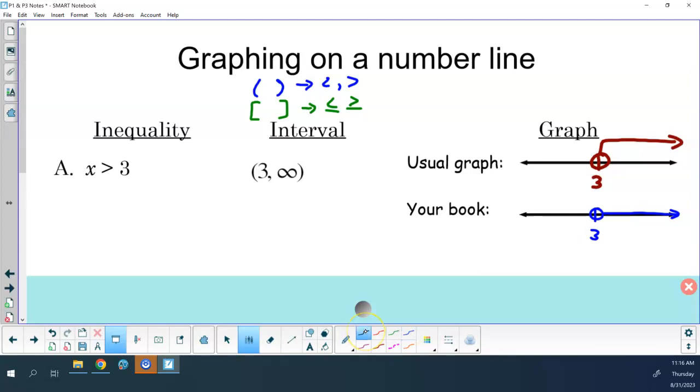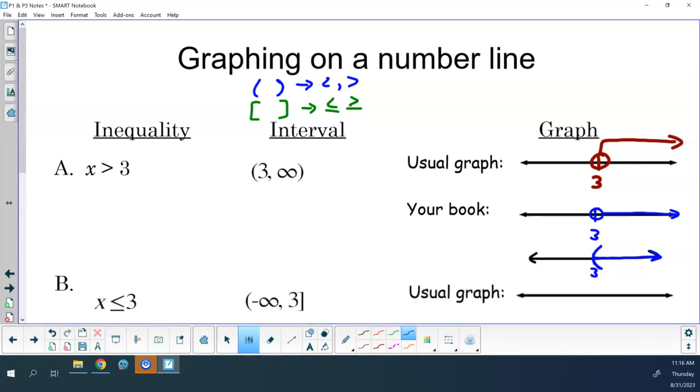Other times, it'll look like this, where I'll put the parenthesis right on the number line. So just so you know, if you're using the supplemental resources that we have, sometimes it looks like that. These all mean the exact same thing.